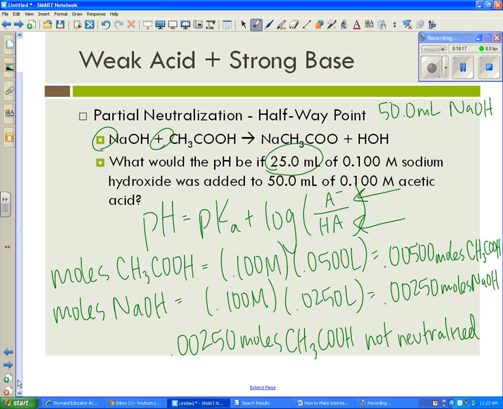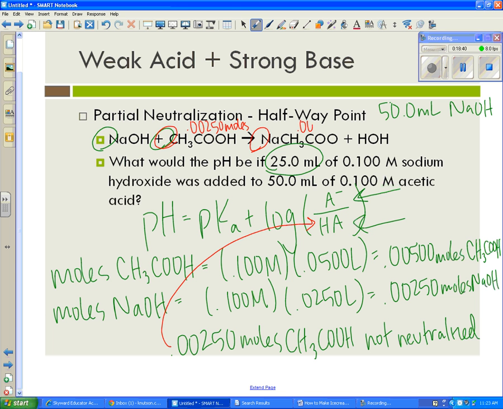So here we have the piece of information that we need to plug in there. Now we just need to figure out the negative ion concentration. Well, we said that 0.00250 moles of acid react, and this is a 1-to-1 ratio. So how many moles of the acetate ion will form?